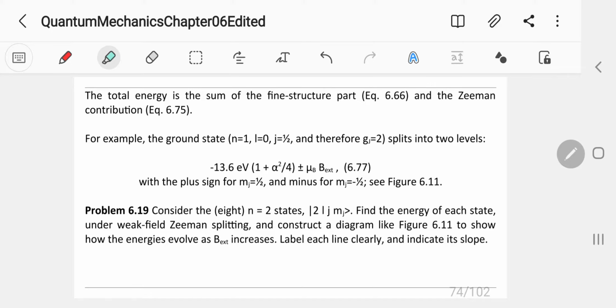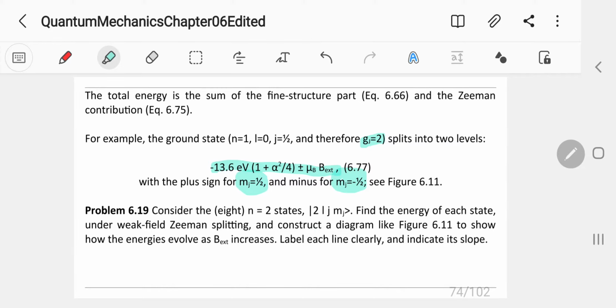As you can see, for n equals 1, L equals 0, and J equals 1/2, you have a Landé g factor of 2, and this one will split into two levels. The energy for n equals 1, L equals 0, J equals 1/2 will split into two because the mu B here will have a term that has mj equals 1/2 and mj equals -1/2.